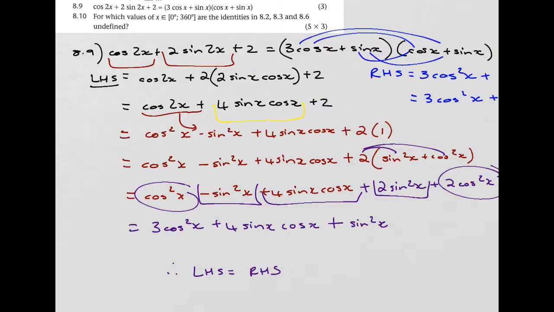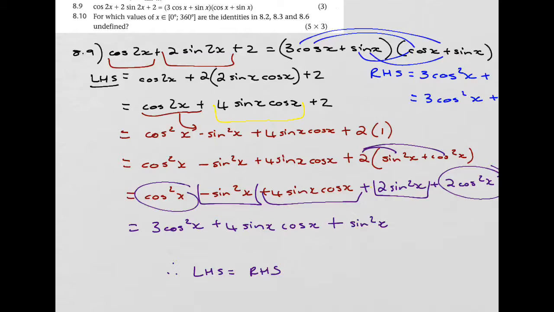Alright, and then for 8.10, I'm going to skip that one for now because it involves the general solution information, which I'm going to post a video about, and then work on question 9 onwards from this worksheet. But you need to have a recap of general solution first, and then you can come back to the identities not defined for 8.10, and then hopefully understand the memo that is attached with this worksheet.